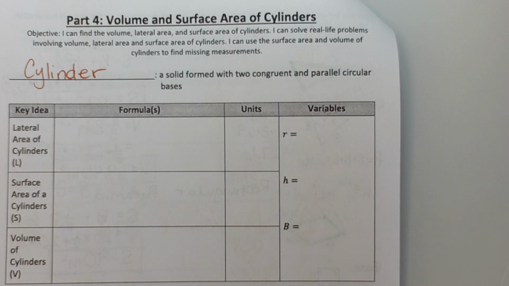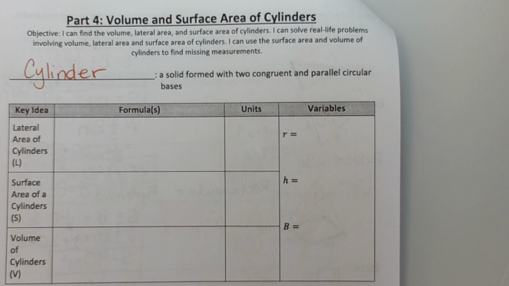And when I unfold my cylinder, the lateral face just makes one big ol' rectangle. Now, if it was not a cylinder that looked like this, if it was a slanted cylinder in any way.